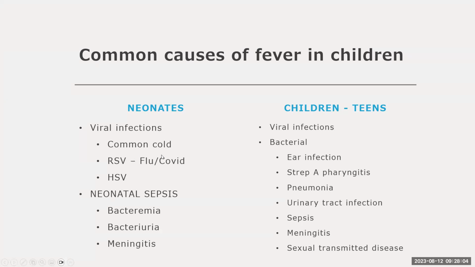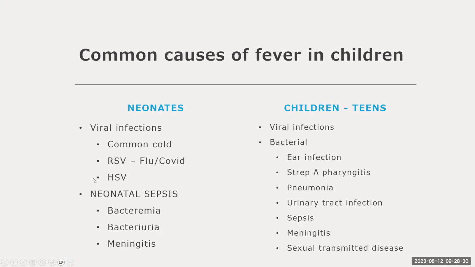Flu and COVID are other common causes of viral infections for neonates. And then HSV is a very devastating viral infection. If it gets picked up early on by a neonate, it can cause disseminated HSV infection, and it actually can kill a patient within a day or two. So that's why it's important for you to know about them. And then neonatal sepsis.